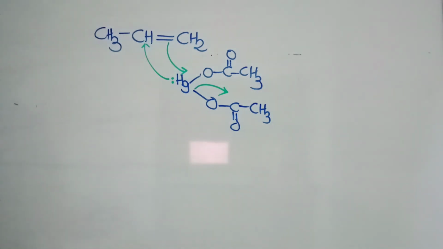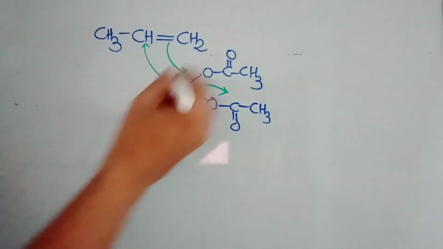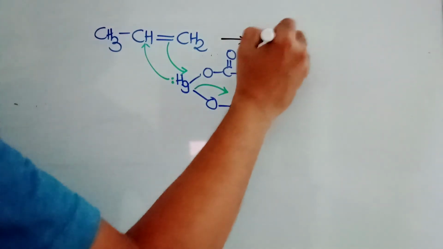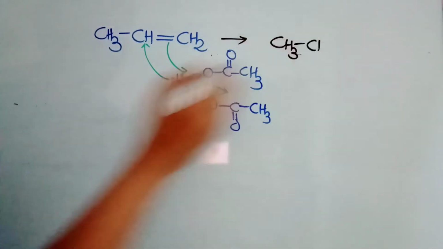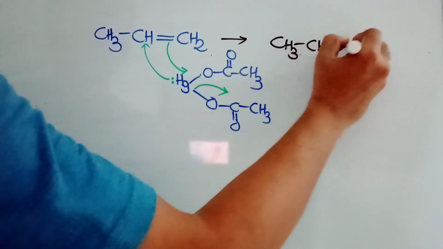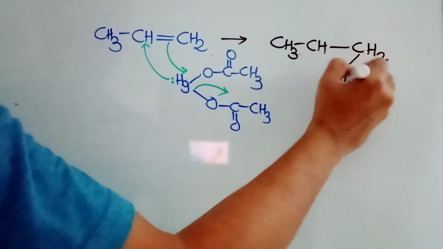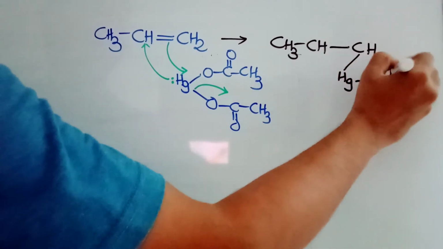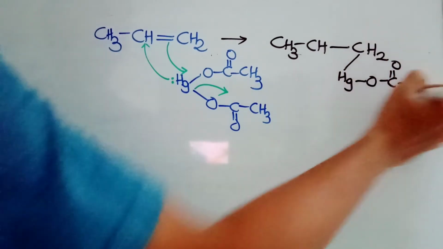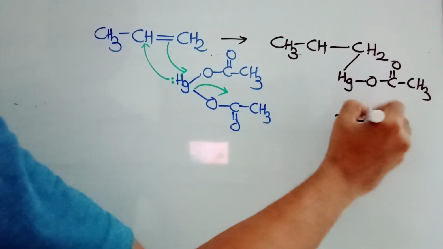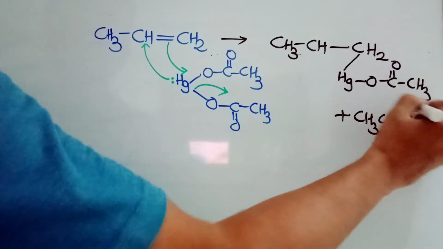What actually happens here: CH3-CH-CH2 with single bonds, treated with Hg-OCO-CH3. This part goes out as CH3COO minus.